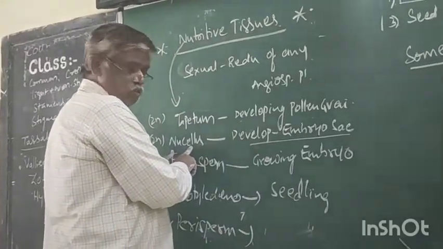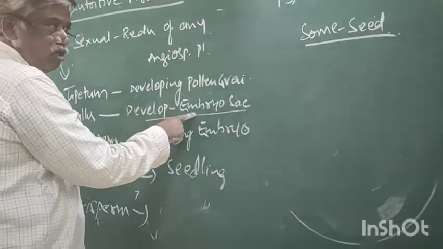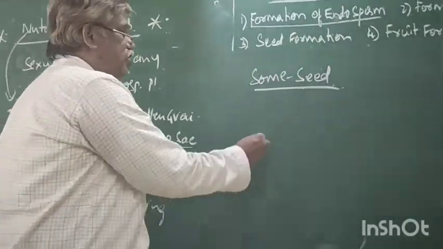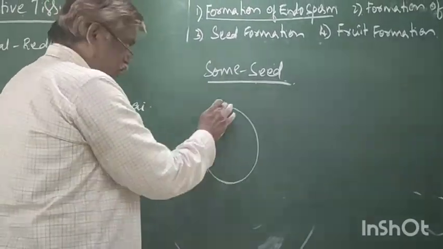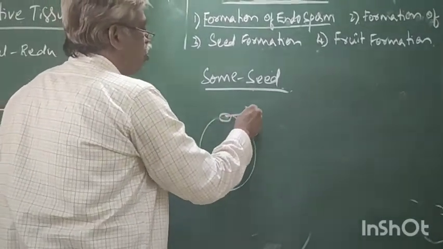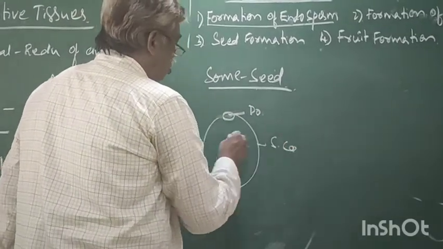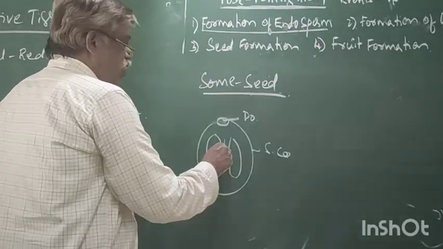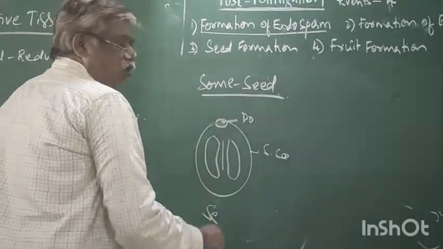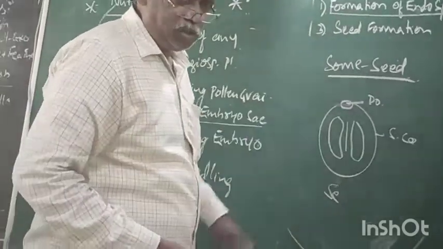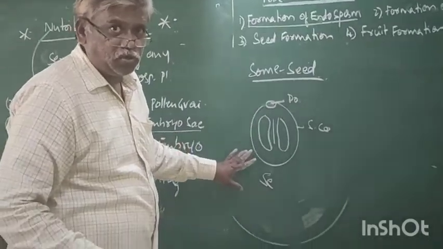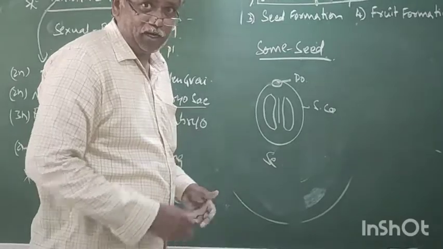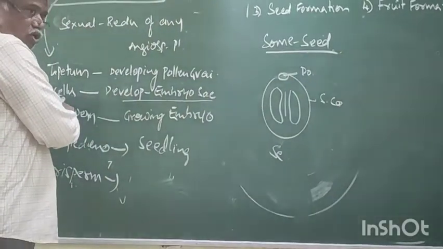Nucellus is a nutritive tissue for the embryo sac. Now, it is the seed. Now, what is this? Cotyledons. The embryonic axis altogether is called a seed. Okay. Now, in the seed, is the nutritive tissue there or not? Yes, in the form of cotyledon. But what is this? Nucellus.